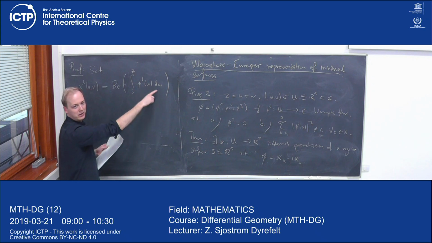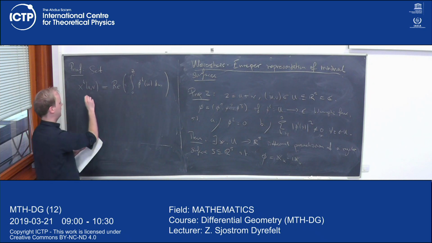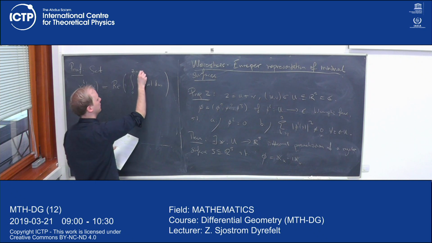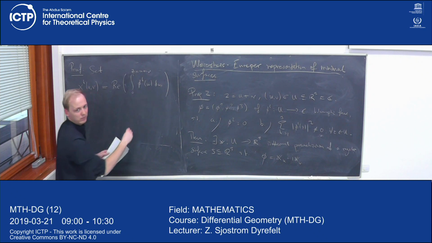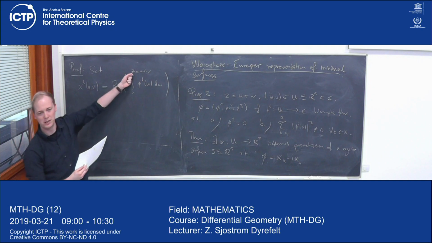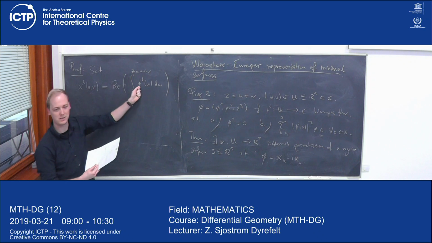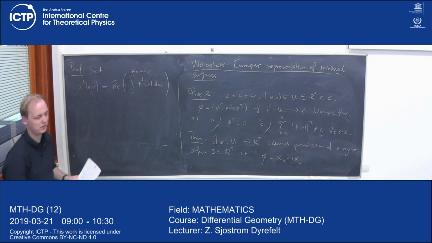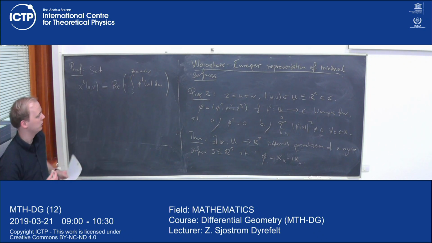Here phi_k is evaluated at (u,v), where z is equal to u plus iv. So u and v are the variables; z is the endpoint of the curve along which we integrate, and w is just the integration variable.